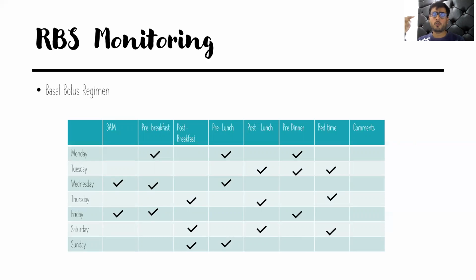Suppose it was 125 pre-breakfast, and if you want to know whether hypoglycemia is happening at 3 a.m., you will see that blood sugar was done on Wednesday and Friday. So you'll get all sorts of readings at all times after a period of 1 week. This gives a better view with fewer pricks.